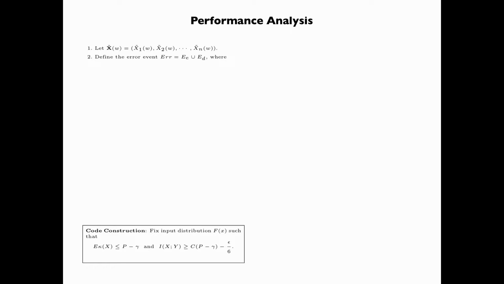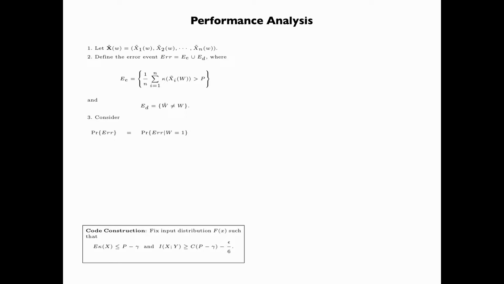Define the error event ERR as the union of two events, E sub E and E sub D, where E sub E is the event that the random codeword sent through the channel violates the input constraint, and E sub D is the event that the decoding is incorrect.